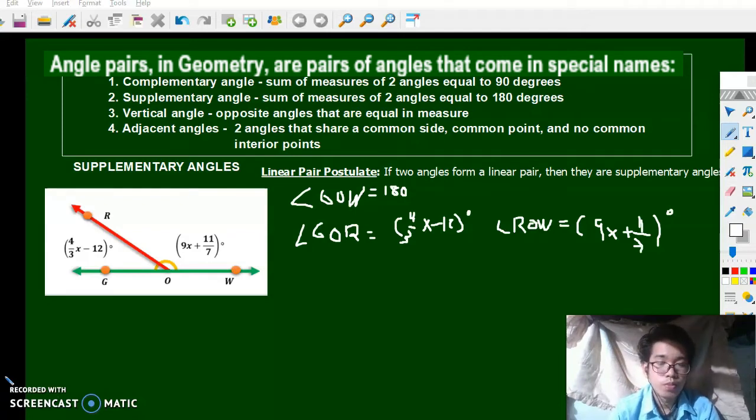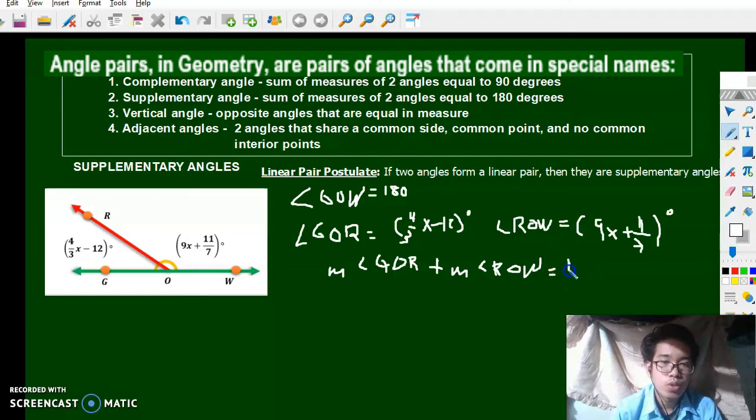So how do we solve this? What we know is that the measurement of angle GOR is 4/3 x minus 12, and if you add that to the measurement of angle ROW, which measures (9x plus 11) over 7 degrees, since those two are supplementary angles and supplements of each other, we can say that their measurements add up to 180 degrees.